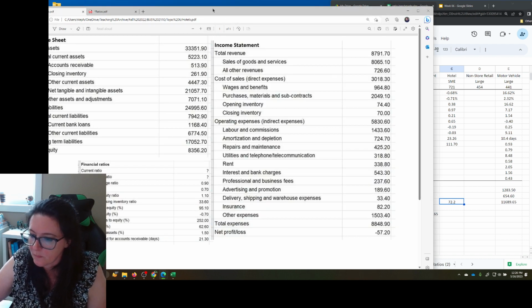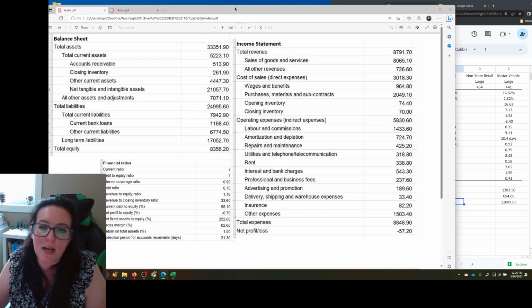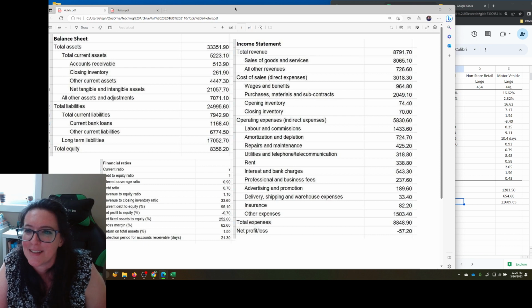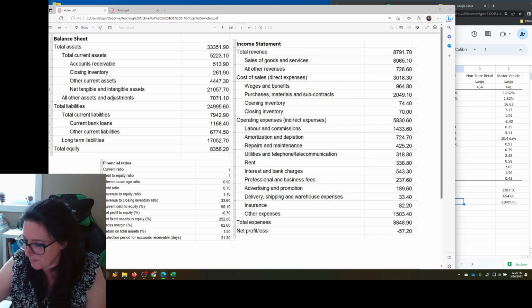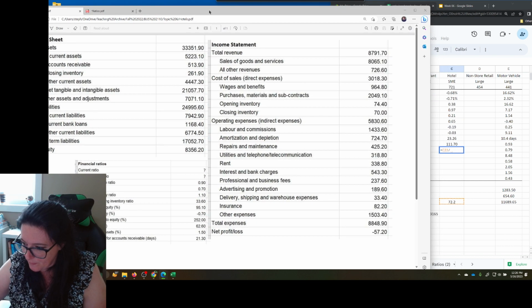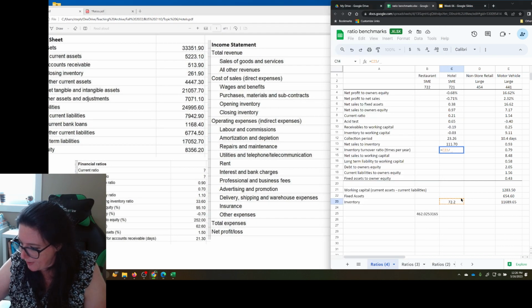Because the hotel industry isn't making goods, they call it cost of sales, and you can see that's the 3018.30 listed there. So we can take this and divide by it.